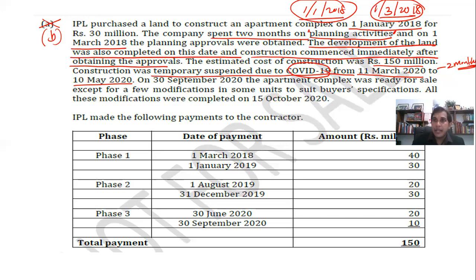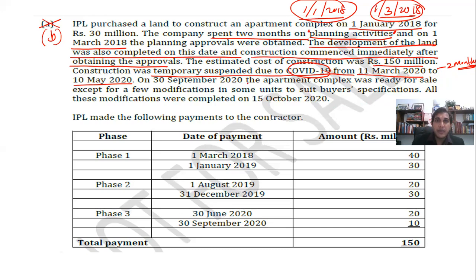Now let me continue reading this sum. We have identified 2 months of suspension, so we are going to do it in two ways. We can consider the 2 months as suspension, or, second method, even though no works happen during these 2 months, we can continue capitalization, assuming there is no big impact on the total project duration.